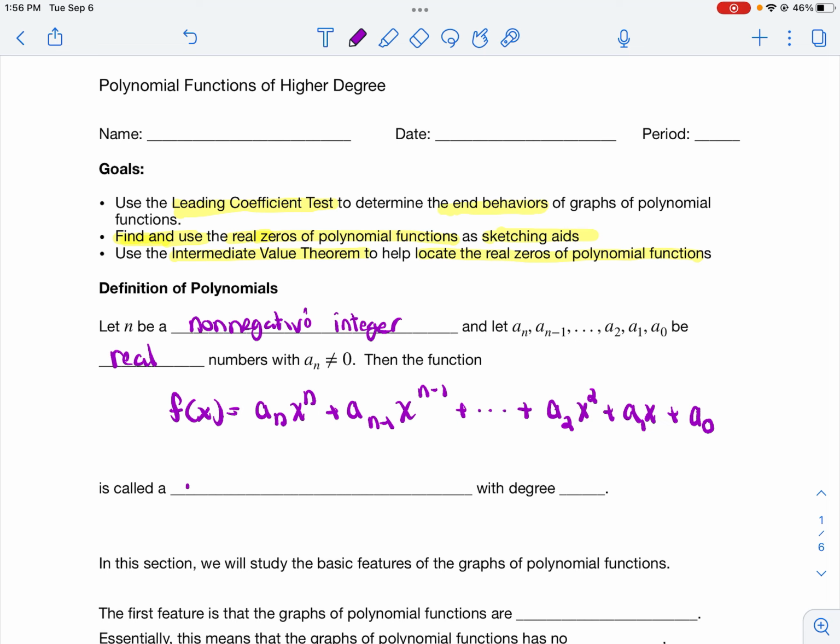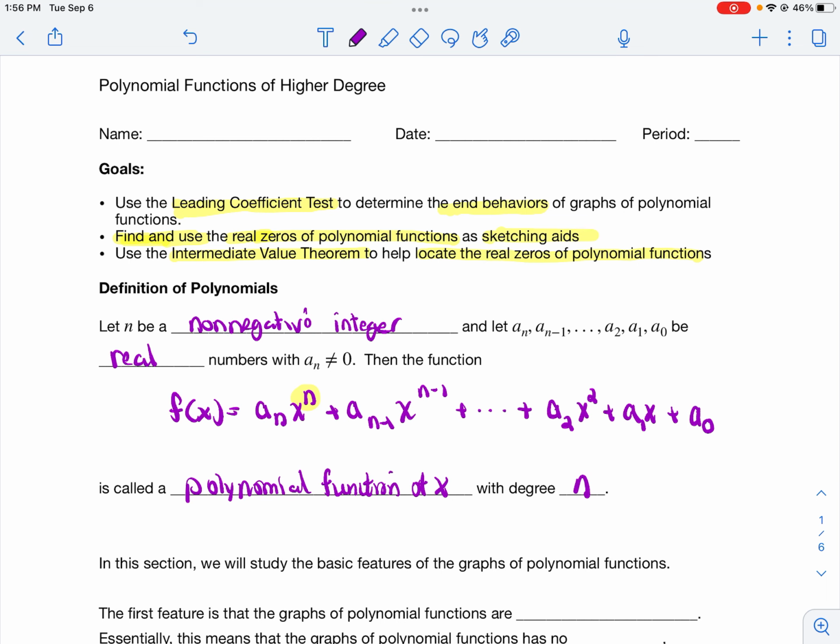This is called a polynomial function of x, and we just call it a polynomial for short. This is a polynomial with degree n. The degree of the polynomial is determined by the highest power of x, so the x raised to the highest power gives your degree.